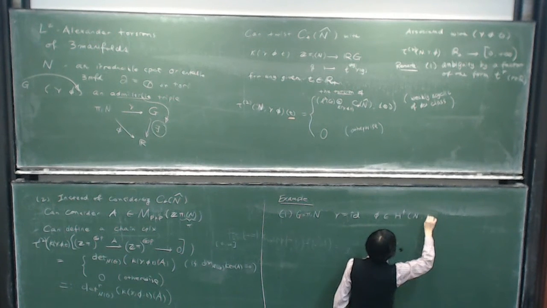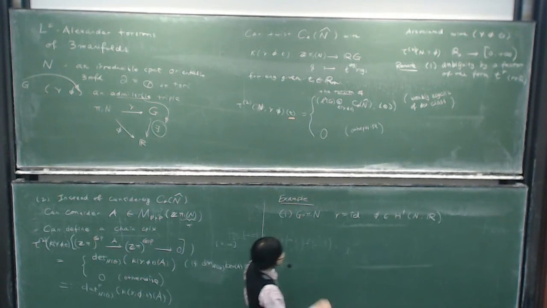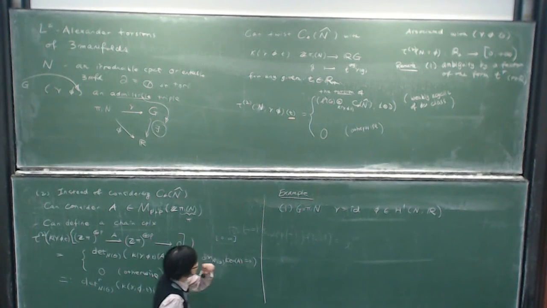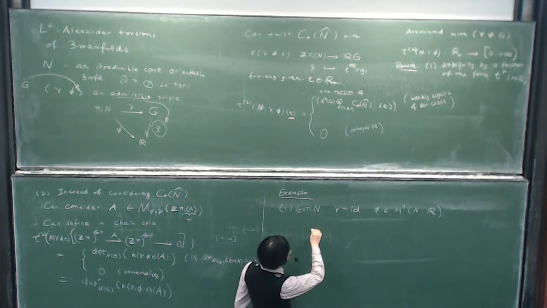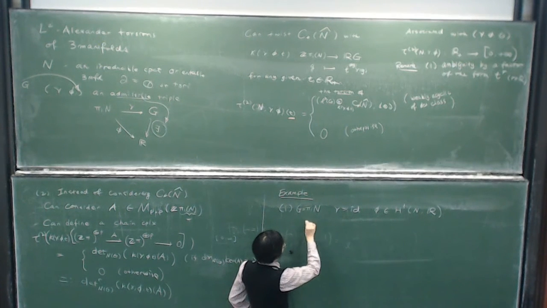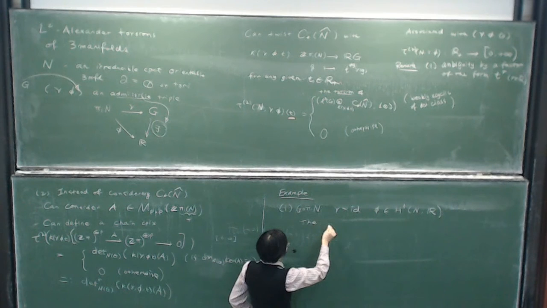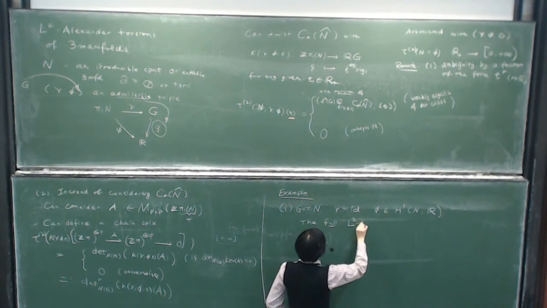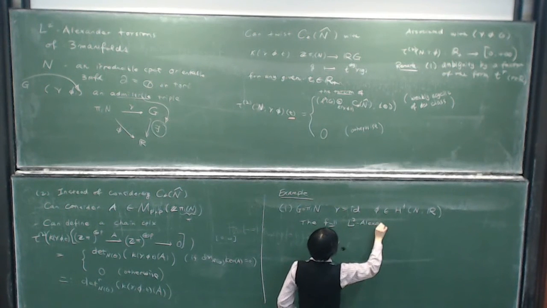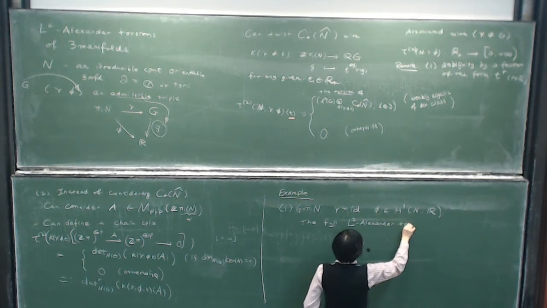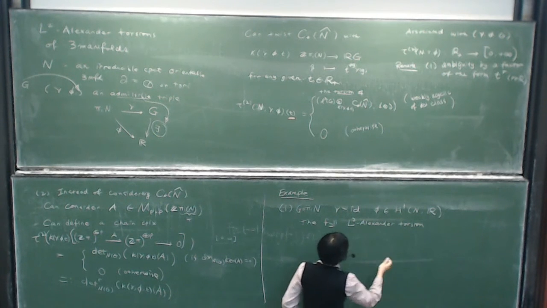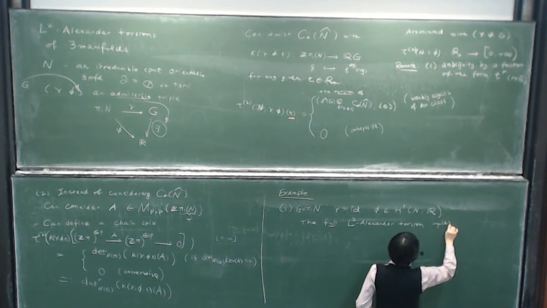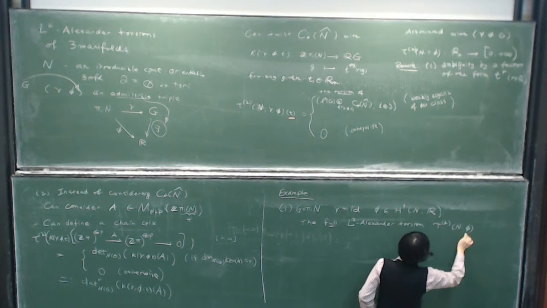Depending on your flavor, you can make it over Z or over Q. And for such objects, what is associated is called the full L2-Alexander torsion associated to the class phi, and it's going to be denoted as tau 2 of N, phi, t.